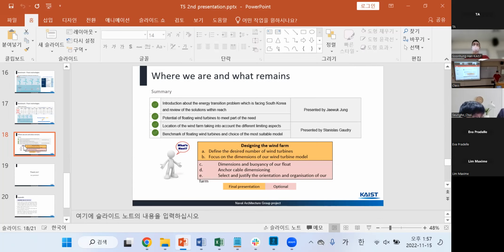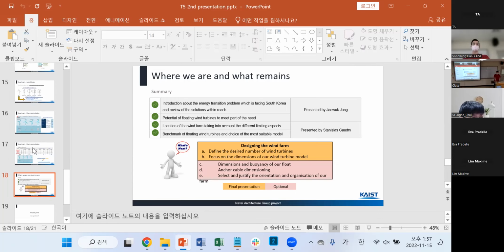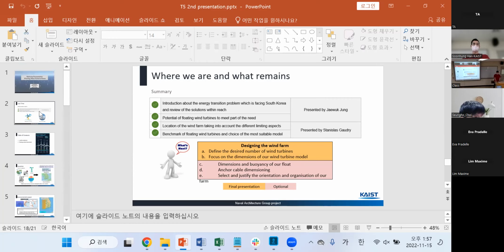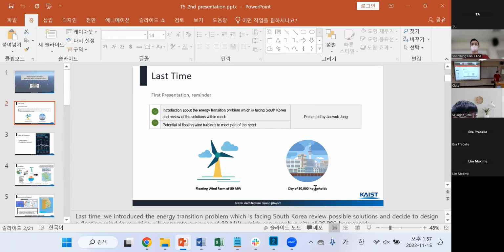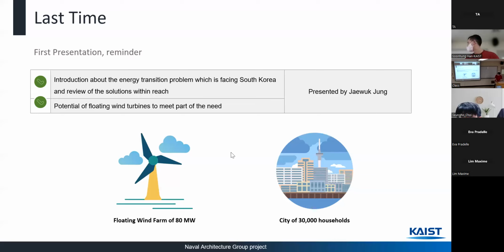Yeah, we saw figures, and usually 80 megawatts can provide... Where is it? Can you show the slideshow? Okay, total requirement is 80 megawatts for a city of 30,000 households.